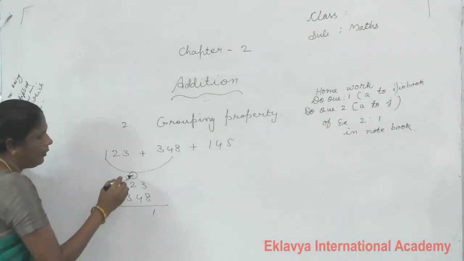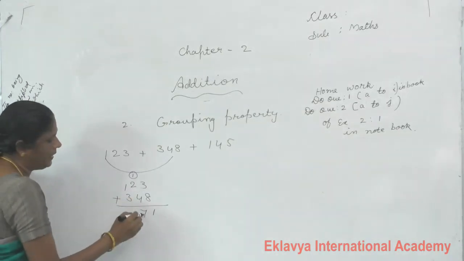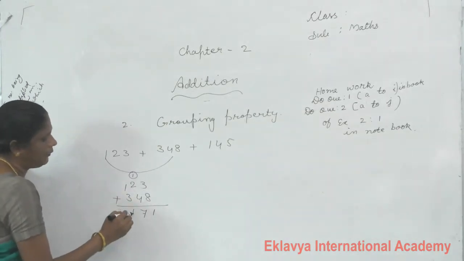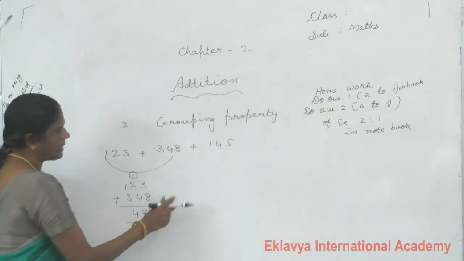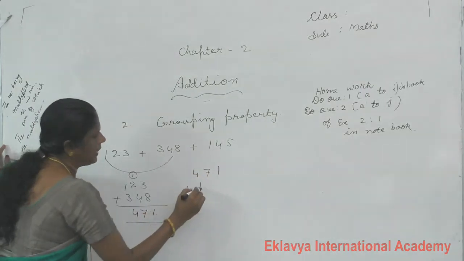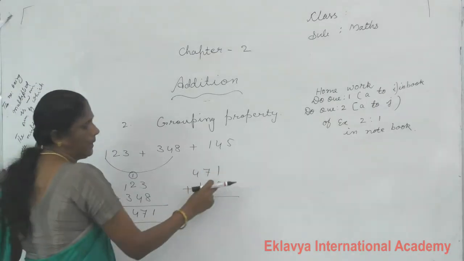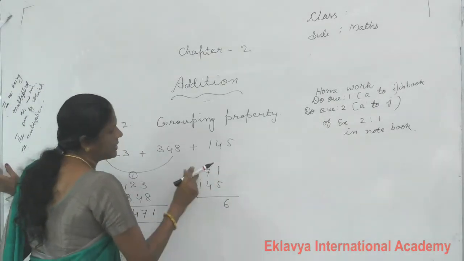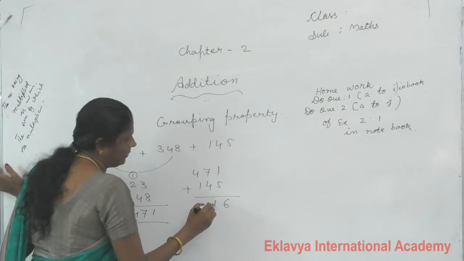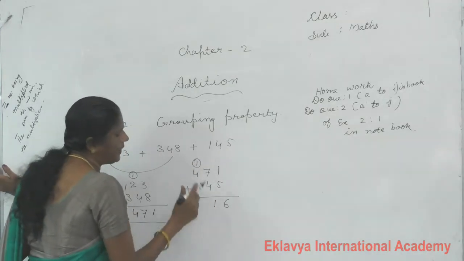Then 2 plus 4, 6, 6 plus 1, 7. Then 1 plus 3, 4. Then write the answer here, then plus 145. 1 plus 5, 6. 7 plus 4, 11, carrying 1. 1 plus 4, 5. 5 plus 1, 6.